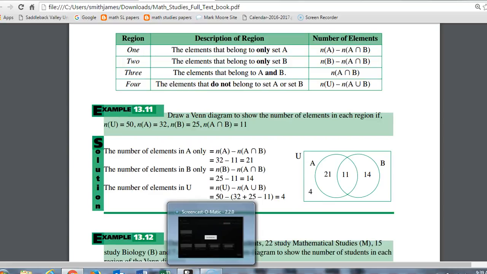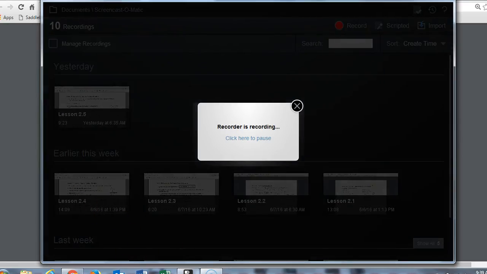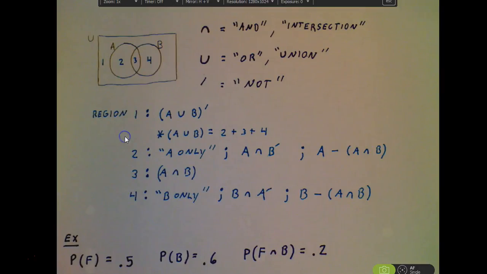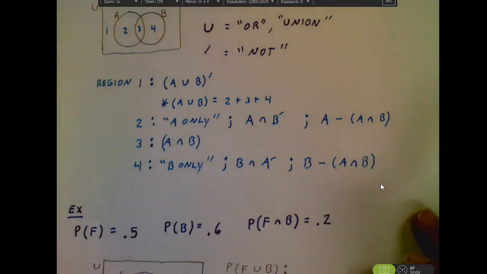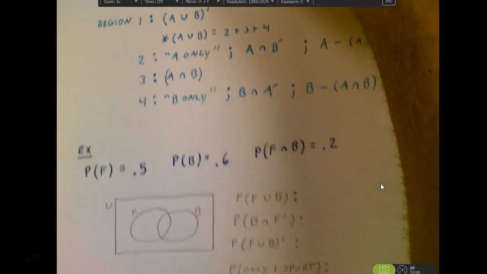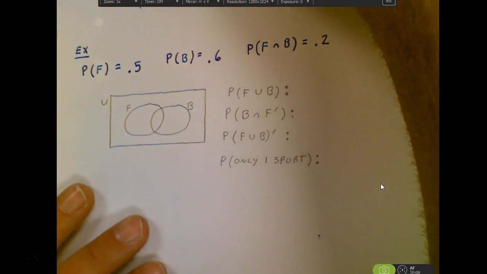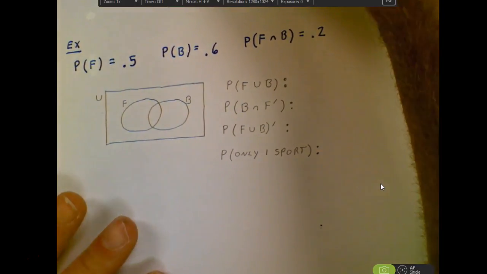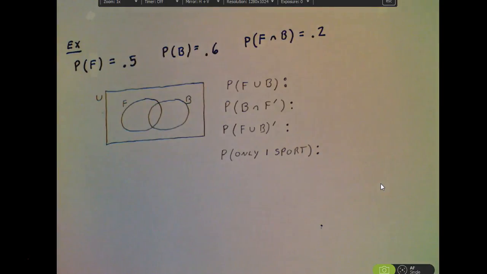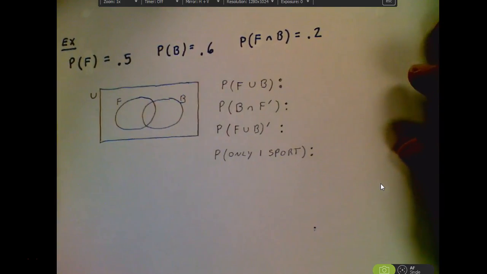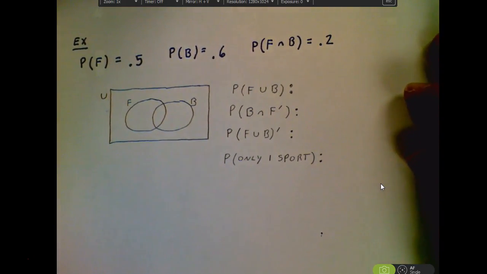Let me go back to my drawing here for a minute and show you one example that we could use this for in probability. There's more to this, but I'm just trying to give you some level of introduction to Venn diagrams since you probably haven't worked with these before, or maybe you need a refresher.